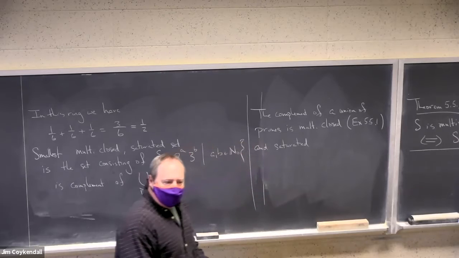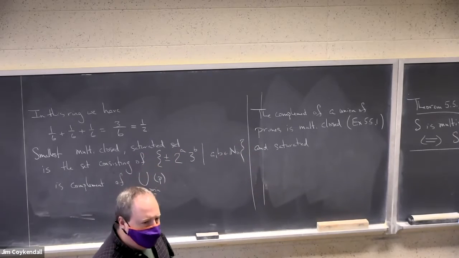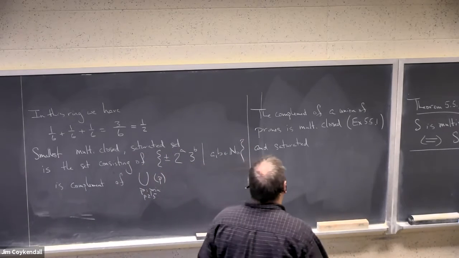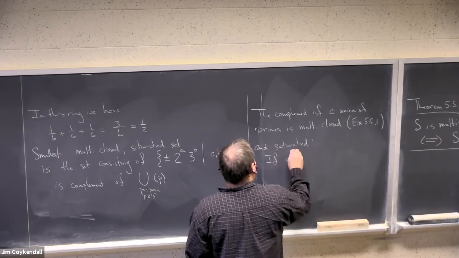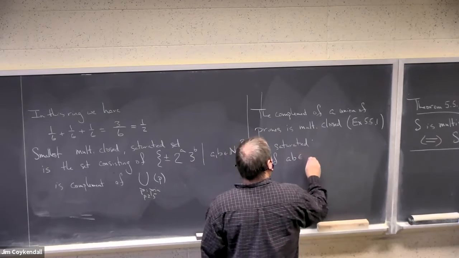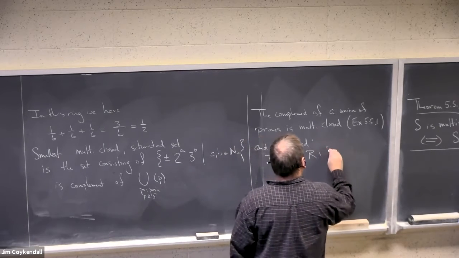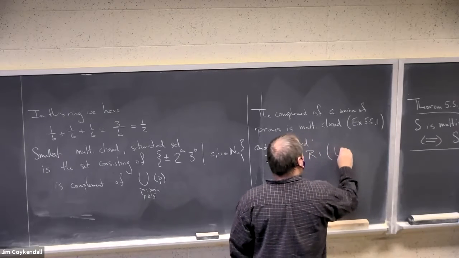In fact, for the saturated part, you don't need prime at all. All you need is an ideal, right? If A, B is in R minus some union of prime ideals.